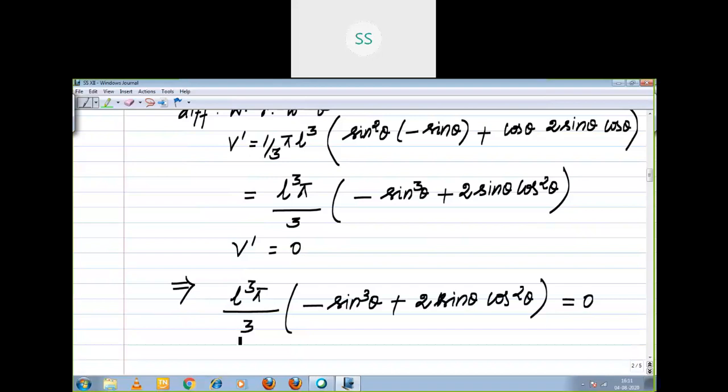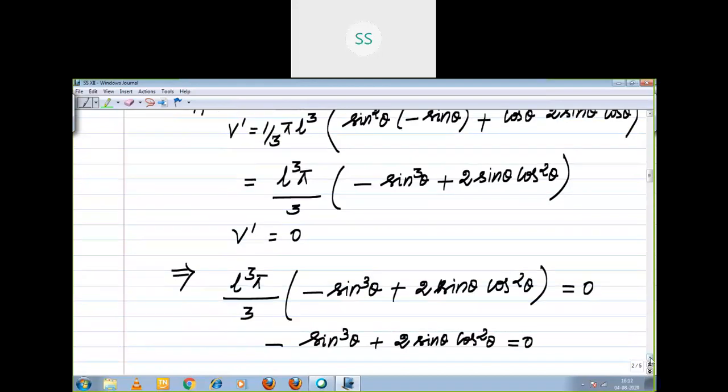This l cube pi by 3 part won't be equal to 0. This alone is equal to 0: minus sin cube theta plus 2 sin theta into cos square theta equal to 0. You should enjoy and solve, then only you feel it is easy, children.